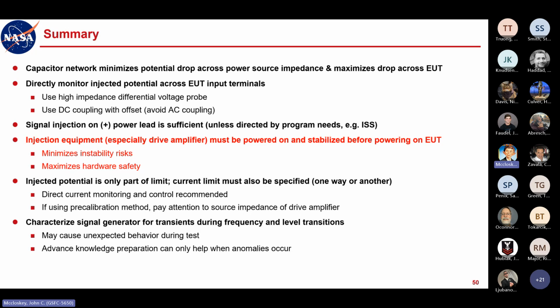So if you start seeing these anomalies during test, if you have some advanced knowledge of it, you can get a jump on things when you see these strange things happen. Oh, okay, I think we know what's happening here because our test equipment can have some of these transients, and so forth. That is what I have.